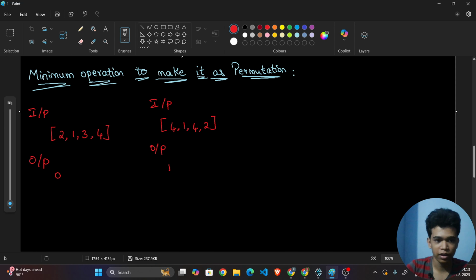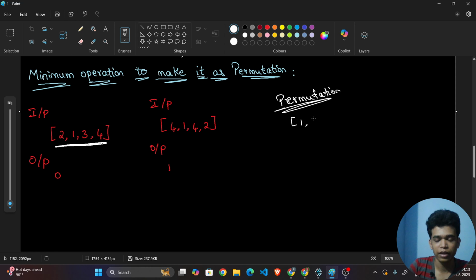For example, see this first example, it is 2 1 3 4. It is one of the permutations of 1 to n. First of all, what is meant by permutation? Many don't know about permutation.